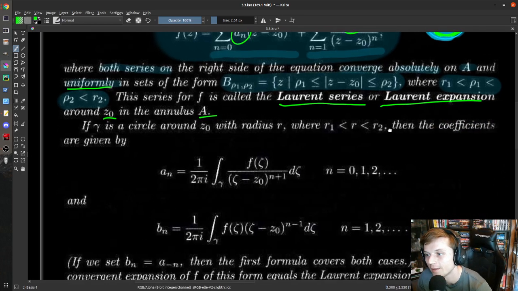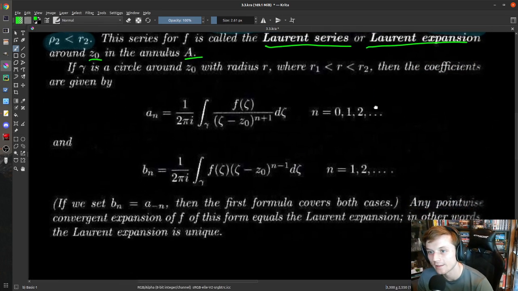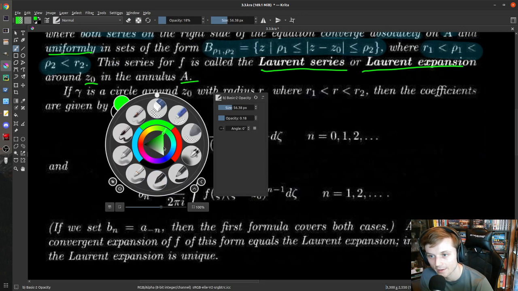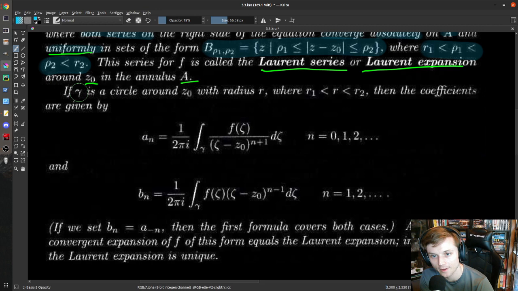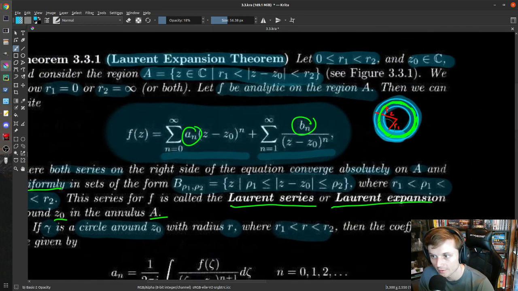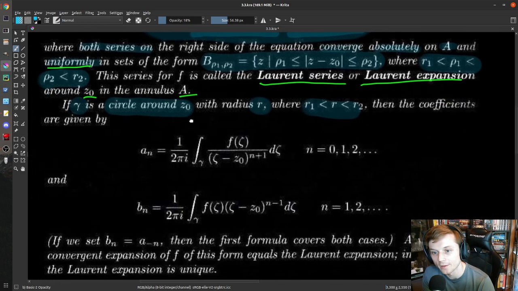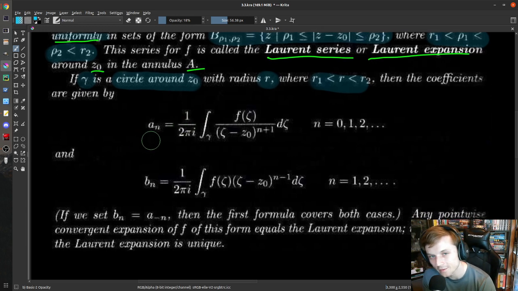Well, the cool thing is that if we grab gamma, a circle around z naught, the center, with radius r, where r is between the two radii, just like a little circle in there instead of a sub-annulus, then the coefficients are given by this deceptively similar formula.